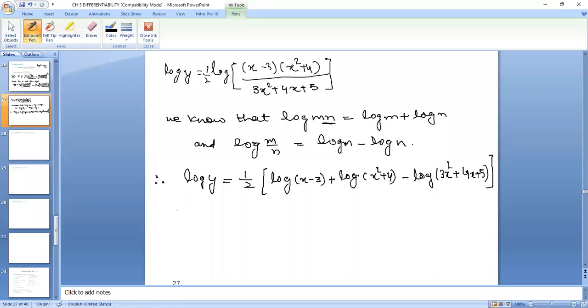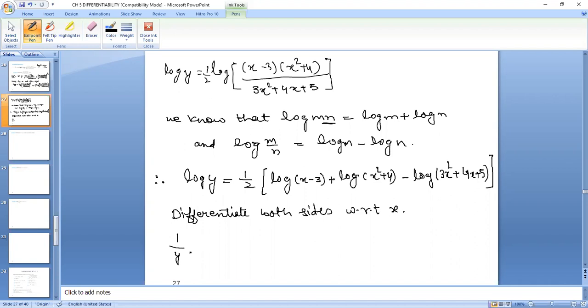Now after simplification of log, we will be differentiating. Differentiate both sides with respect to x. That means we will operate d by dx on both sides. So when we are taking the derivative of log y, it will be 1 upon y, as we did previously, that the derivative of log x is 1 upon x.